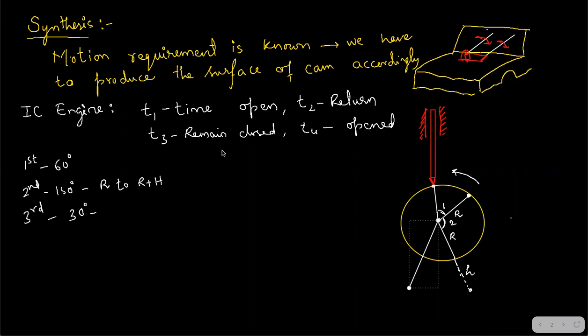So this is your next 30 degrees for the third part. Finally, the fourth part is 120 degrees, which is remaining. It has to come from R plus H back to R. So this is the fourth position, right?